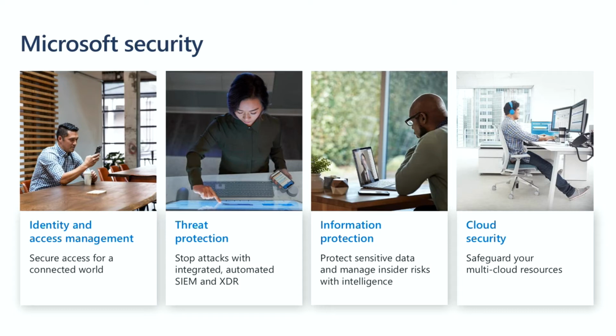And then our cloud security, safeguarding not just the Microsoft cloud, but all cloud environments. We're all living in multi-cloud environments, whether you might just be mixing Google Drive with Microsoft OneDrive, or you're using AWS alongside Azure. That's enabling and protecting multi-cloud resources.